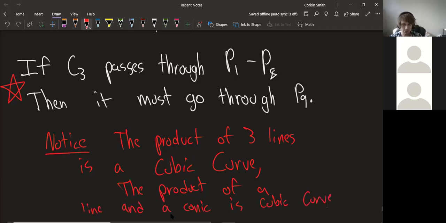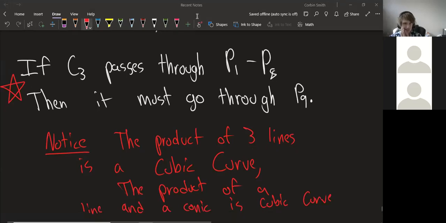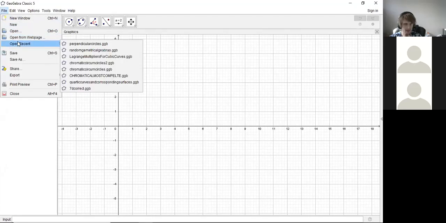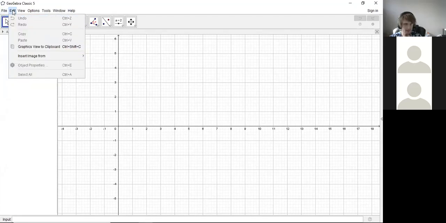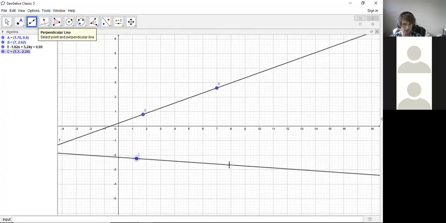So let's open up GeoGebra, new share. Let's see, maybe I have this already. Okay, so let's just remember how Pappus's theorem worked.